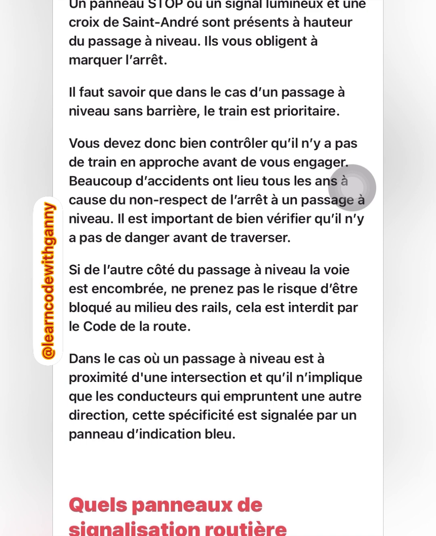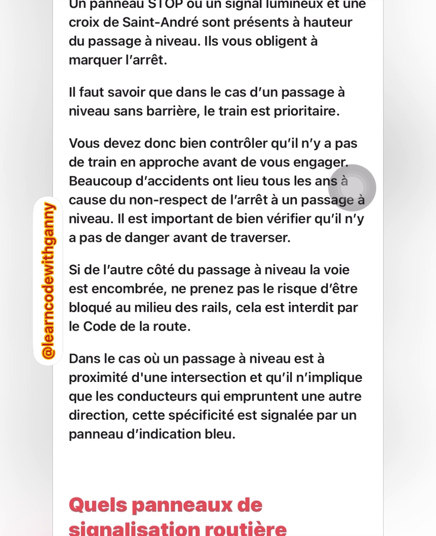This is prohibited by the highway code. In the event that a level crossing is near an intersection, drivers would take another direction. This is indicated by a blue indication sign.